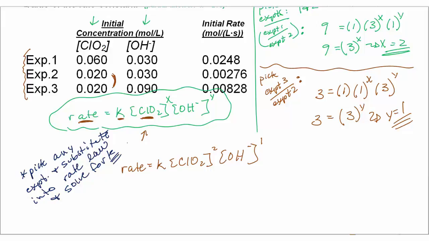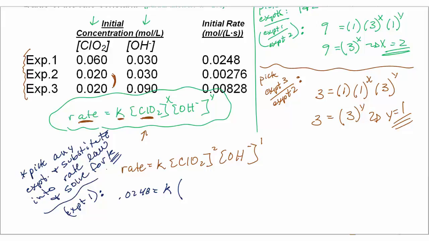But this only works if you find x and y first, right? Okay, let's just pick experiment 1 and be done with it. So the rate is 0.0248, has to equal K. Concentration of chlorine dioxide in experiment 1, I'm doing experiment 1 data.